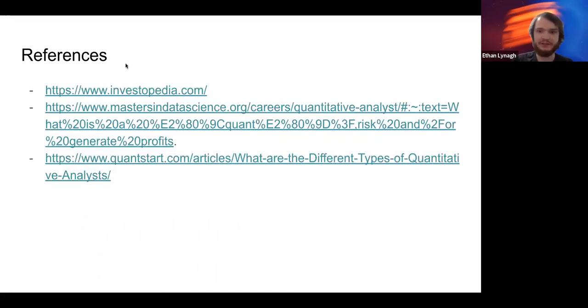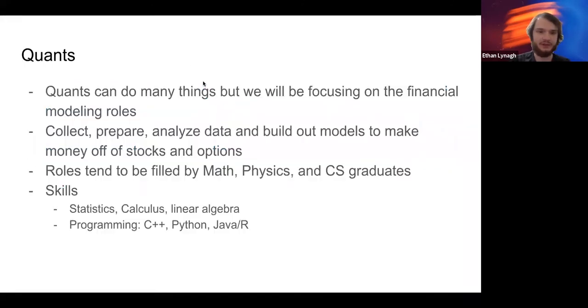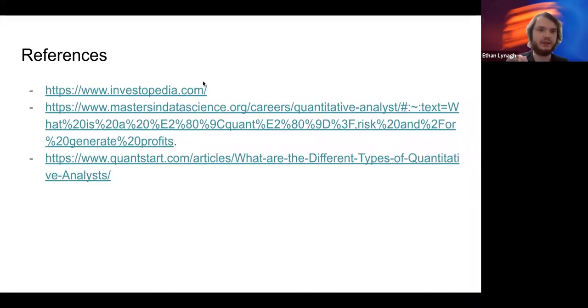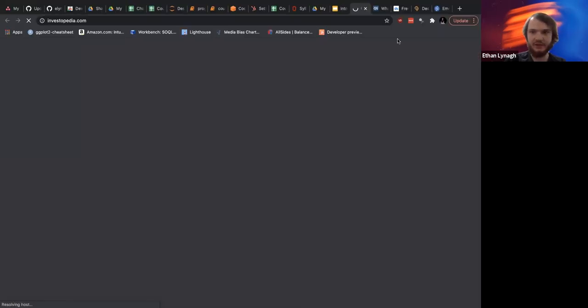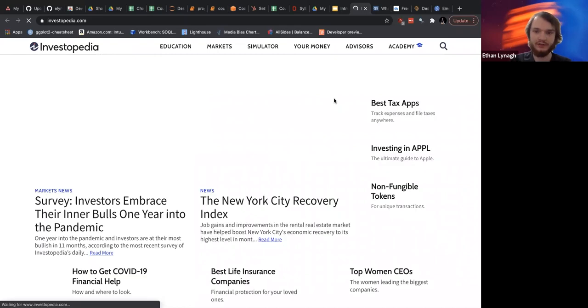All right, so that's the main meat I wanted to cover during this meeting. And then if you want to look more into any of this stuff, I would highly suggest looking at some of these articles on Investopedia. So this is kind of like Wikipedia, but for the financial world.